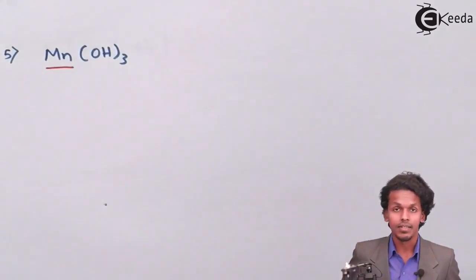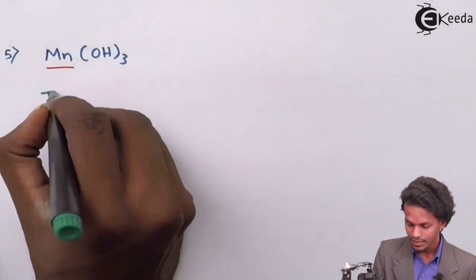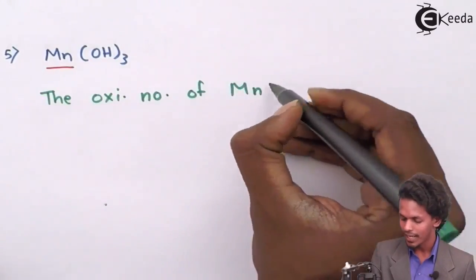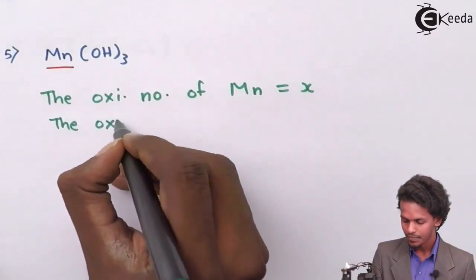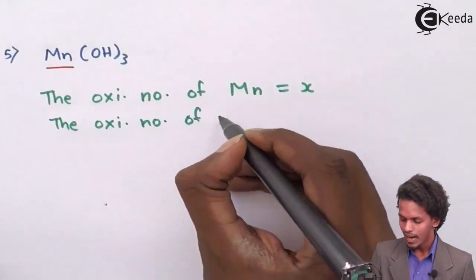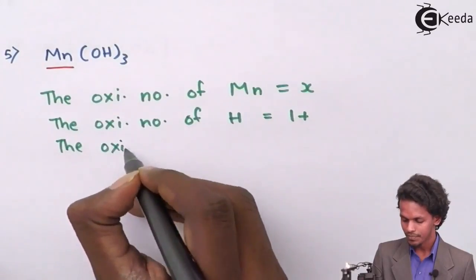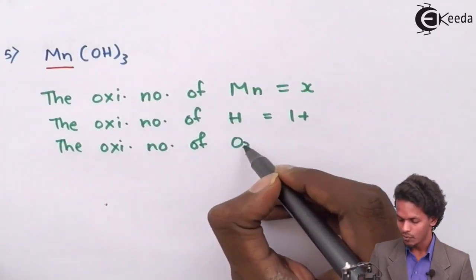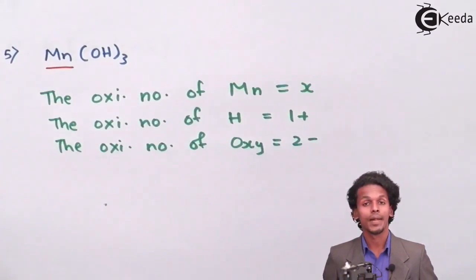This is a manganese trihydroxide molecule, in which again you can see there is no presence of charge. So we could write that the oxidation number of manganese, I would take as X, and we also know that the oxidation number of hydrogen is 1 plus, while the oxidation number of oxygen, I would write as oxy, is equal to 2 minus.